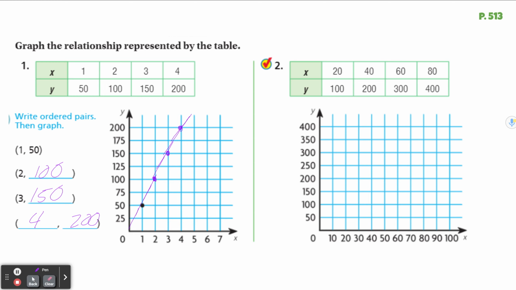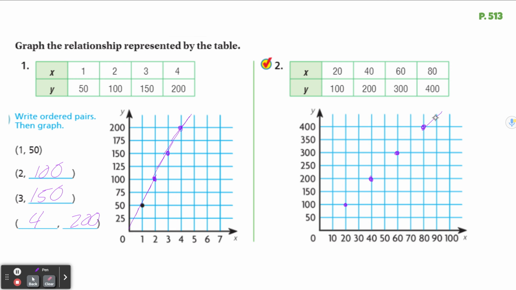All right, number 2, I have 20 to 100, 40 to 200 right here, 60 to 300, and 80 to 400.